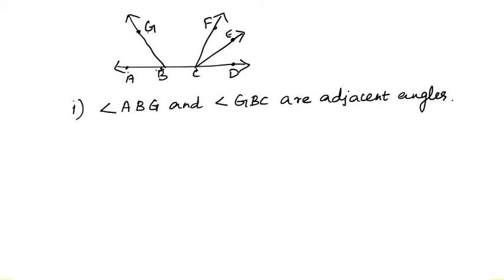So after writing for AB, we'll move to BC. So now BCF and FCD are adjacent angles.